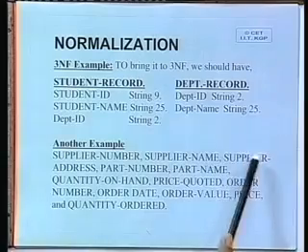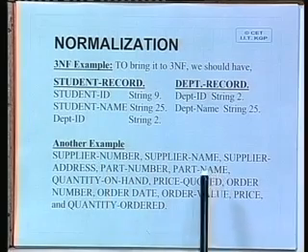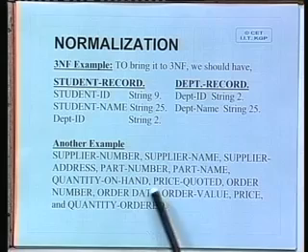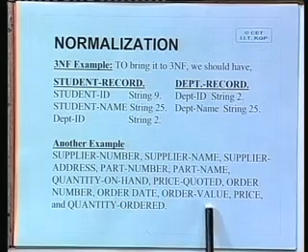But you can find there are many non-full dependencies. What are the different non-full dependencies here? Supplier name and supplier address depend only on supplier. Then part name and quantity on hand depend only on part number. Then order date and order value depend only on order number.